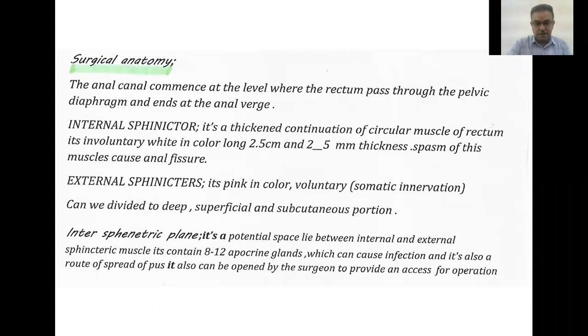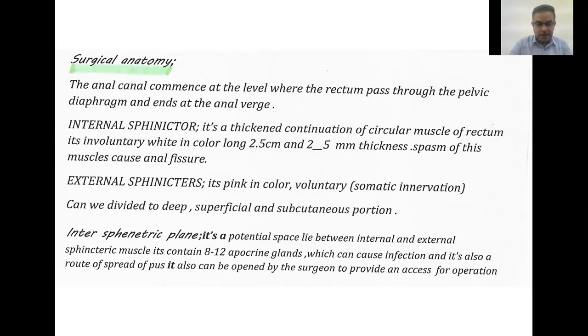The external sphincter is pinkish in color, with voluntary somatic innervation, and can be divided into the deep external anal sphincter, and the superficial and subcutaneous portions. The intersphincteric plane, or intersphincteric space, is a potential space lying between the internal and external sphincteric muscles.